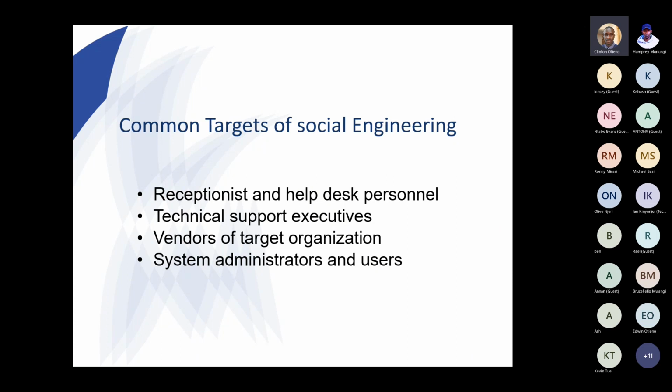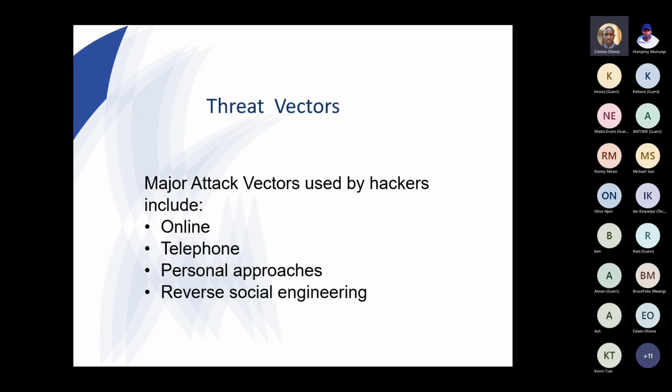Such minutes have a lot of information that the majority of us are unaware of. Apart from that, we have technical support executives, system administrators, and users. These are the common targets of social engineering, where people target them to gather the information they need about an organization.